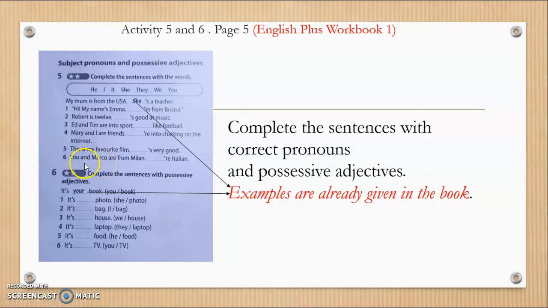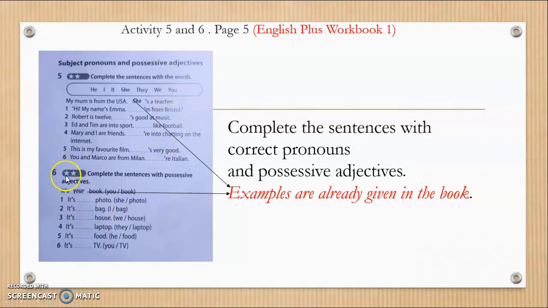For you and Marco, because the pronoun is you, we use you.